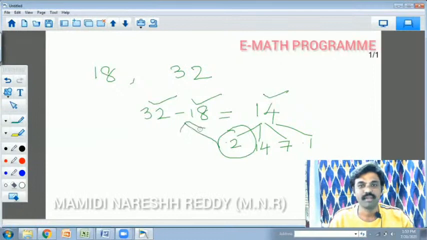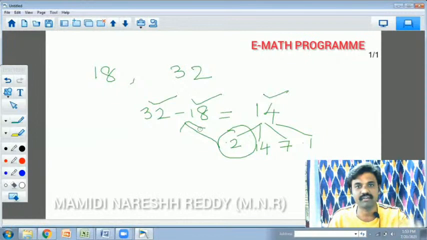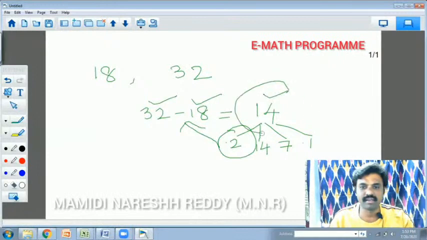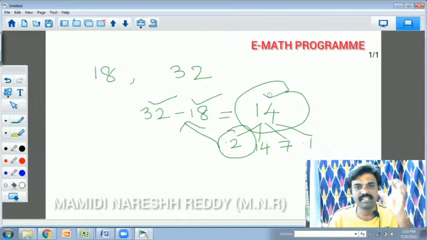The point is, if the difference is not a factor of the given two integers, then we need to factorize the difference and select the common factor, which must be a factor of 32 and 18.